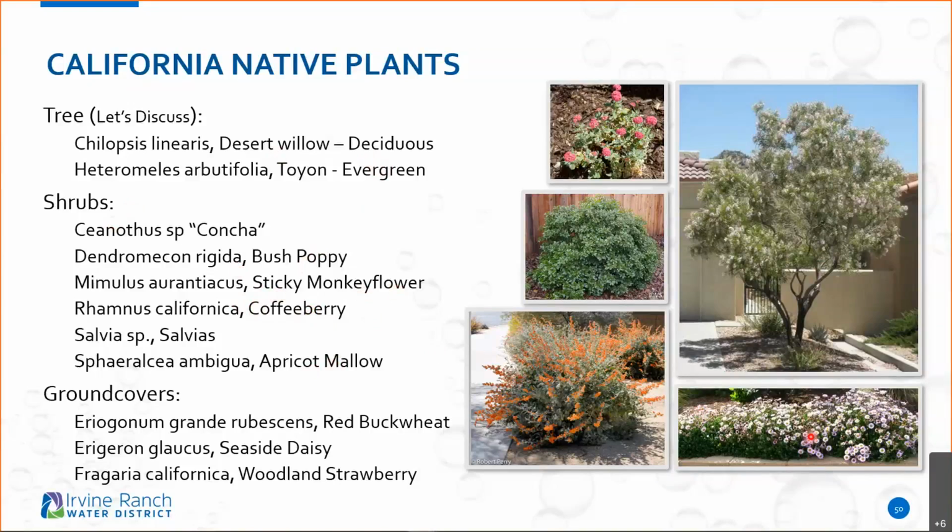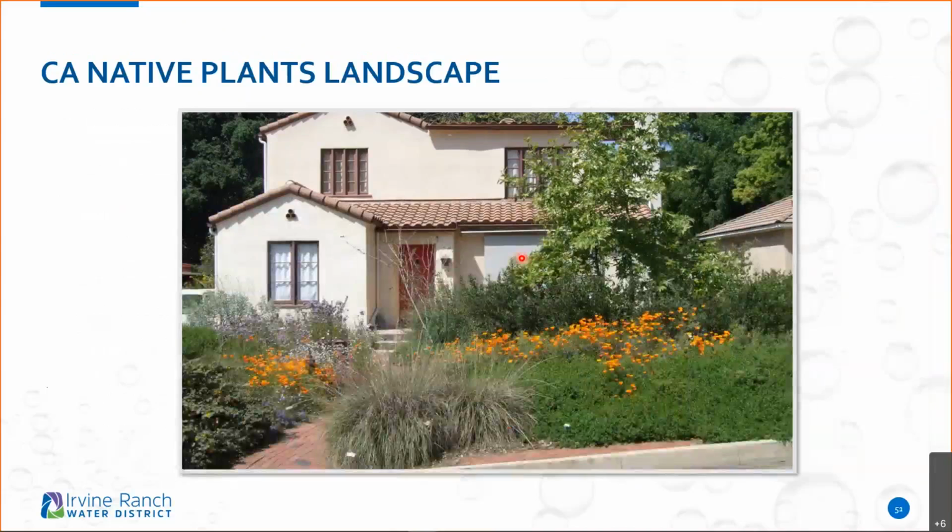Here's the seaside daisies over here. As far as ground cover goes, seaside daisies, some red buckwheat. So all very easy to find California native plants that'll make your landscape pop. And what a beautiful landscape you can have with a simple little plant palette. Here's a home that's been landscaped in California native plants.